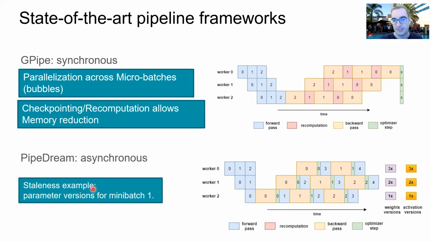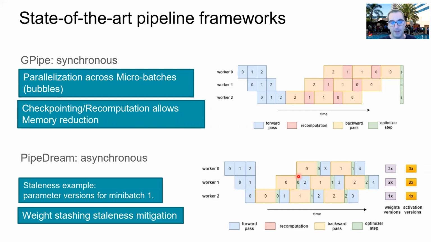Let's illustrate it and look over mini batch 1. The forward computation of it is here, and the backward computation of it is here. Between the forward and the backward computation, there is a parameter update, which means that if we do nothing special, the forward and backward computation would happen on different sets of parameters.